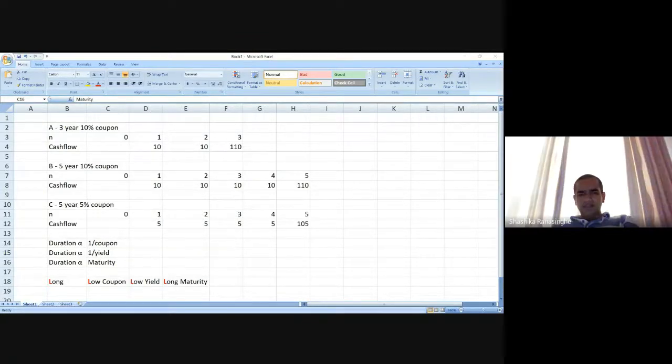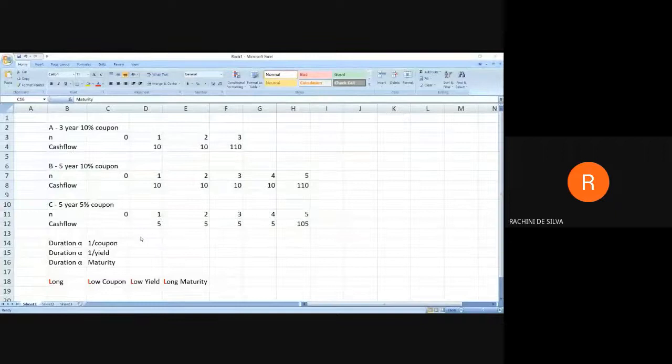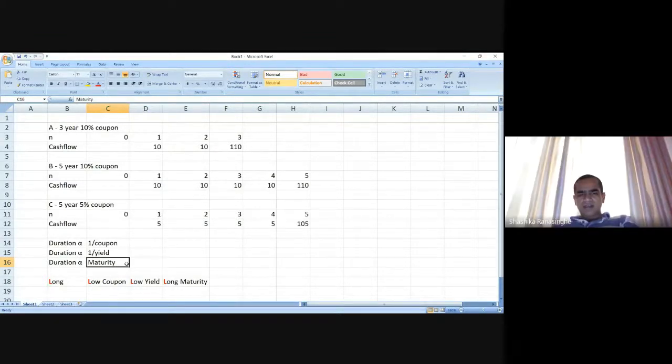Coupon, there is no link. Where did I mention a link? Duration and maturity have a relationship, and duration and coupon have a relationship, but maturity and coupon don't have a relationship. Those are two different things. Now, where have I mentioned a relationship between coupon and maturity?